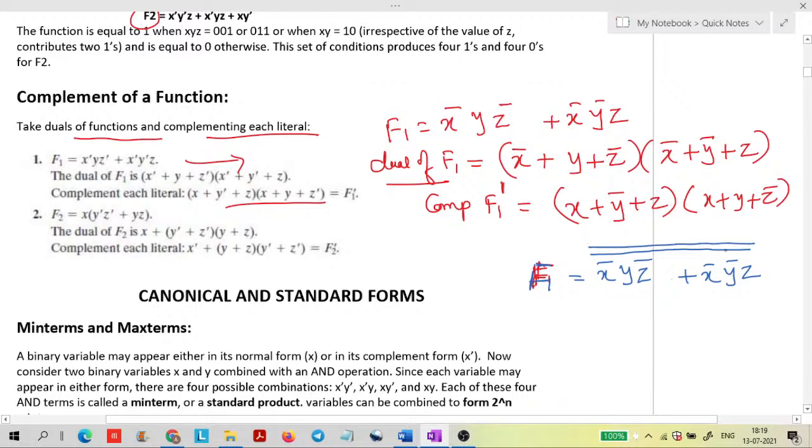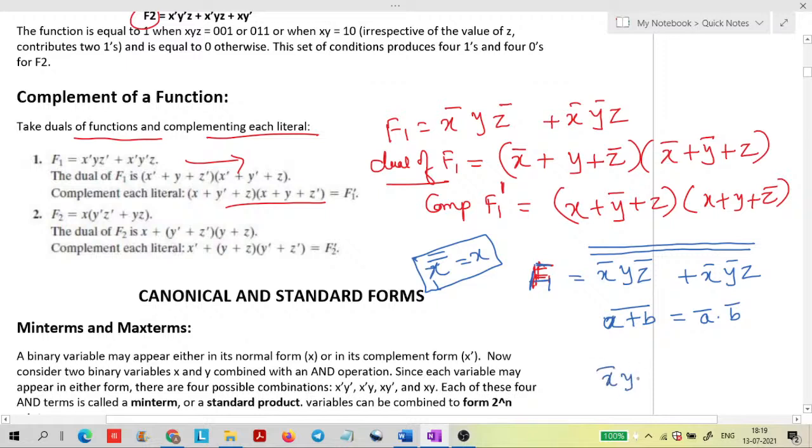If we write x double bar equal to x, it is the same as per the theorem, the property x double bar equal to x. Suppose a plus b whole bar means a bar into b bar.